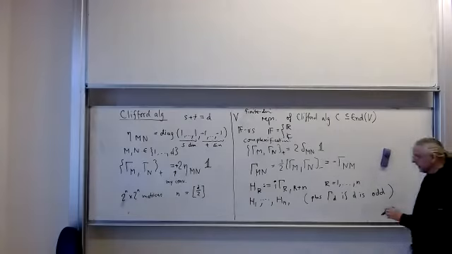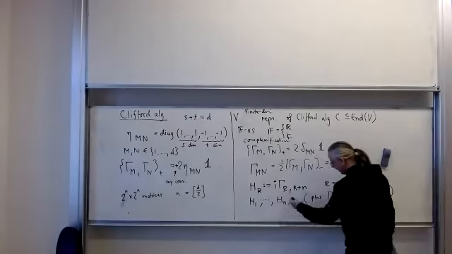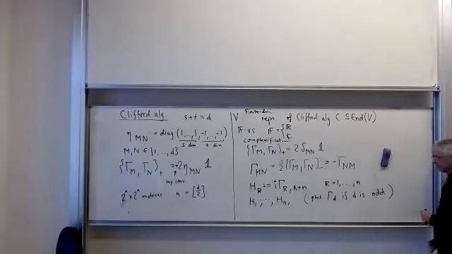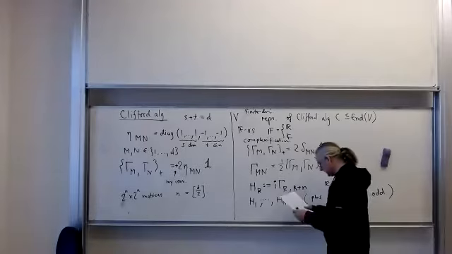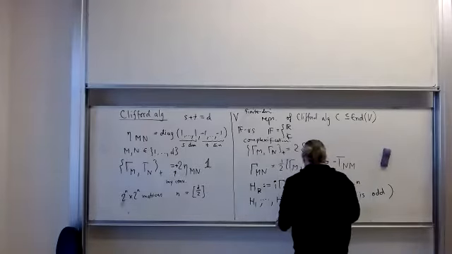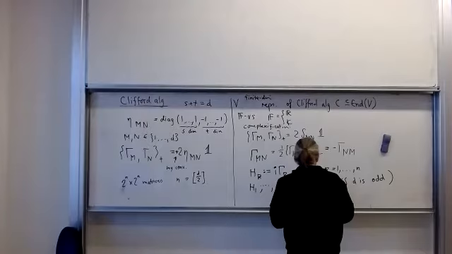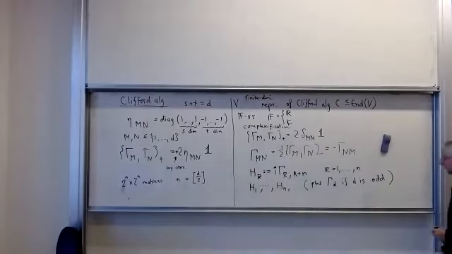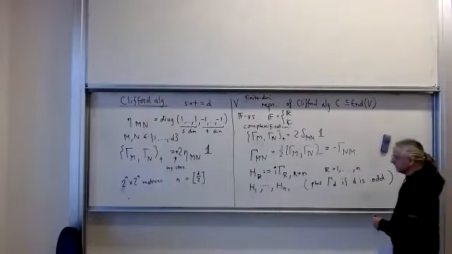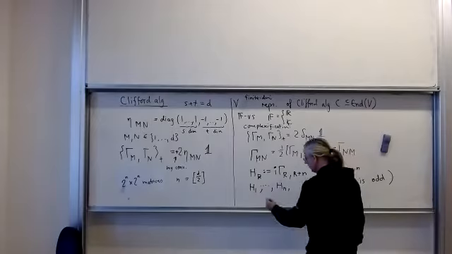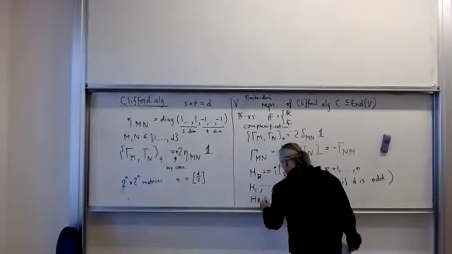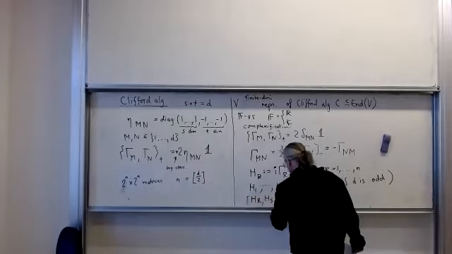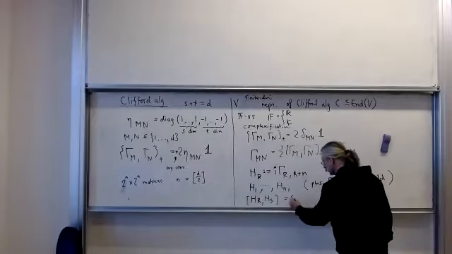So I have n always, and then plus one more if d is odd. I will look at these elements, and the point is that they are mutually commuting. So I can take H_r and H_s and see that the commutator is actually 0.